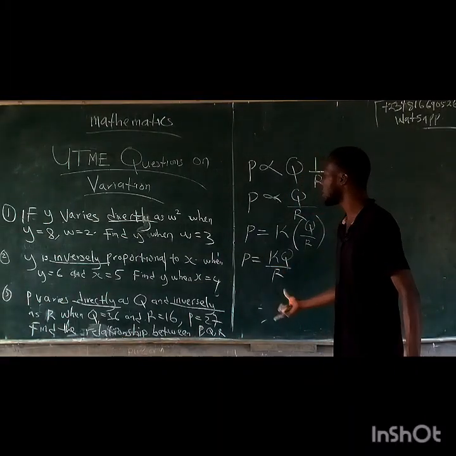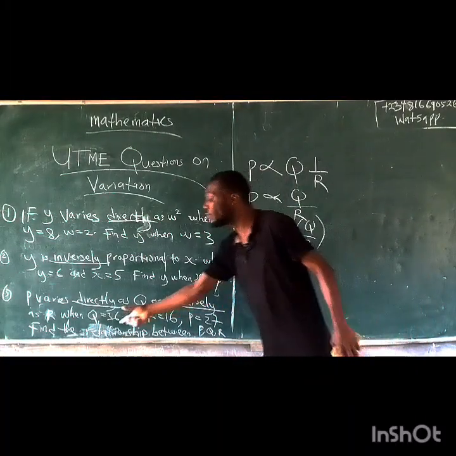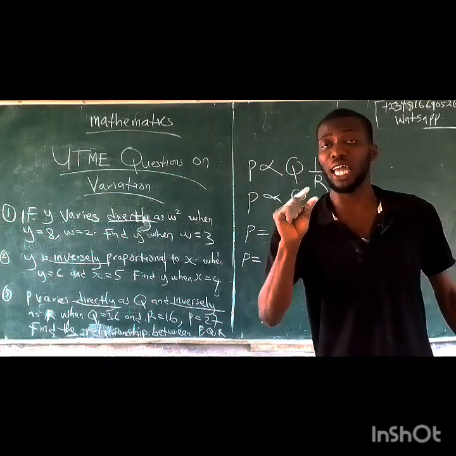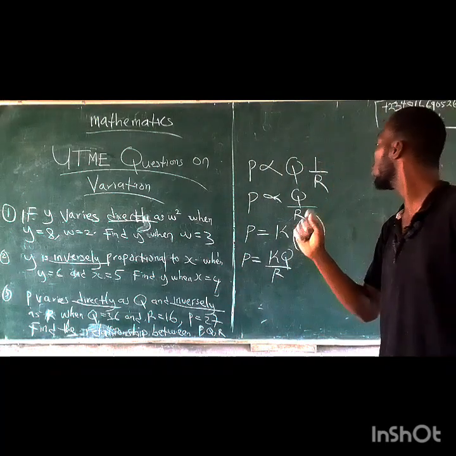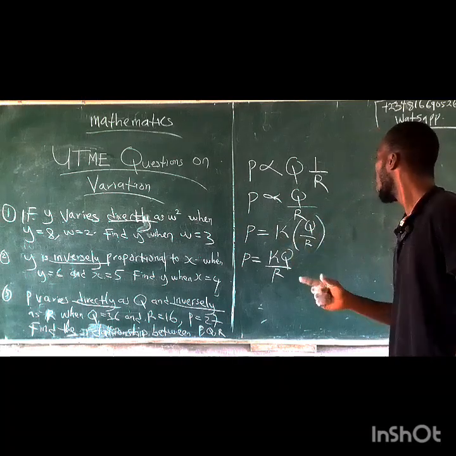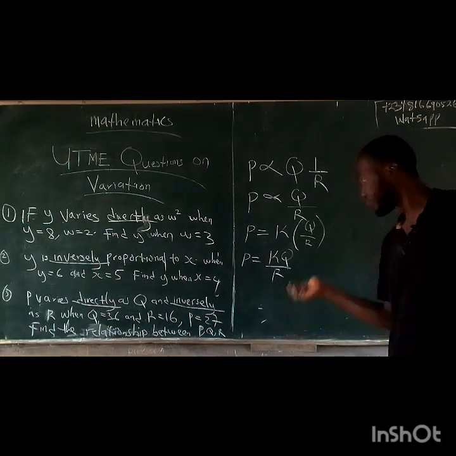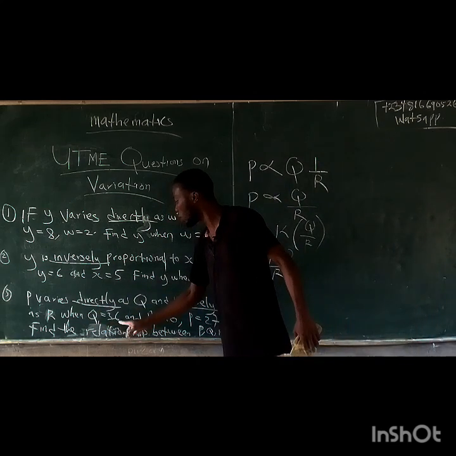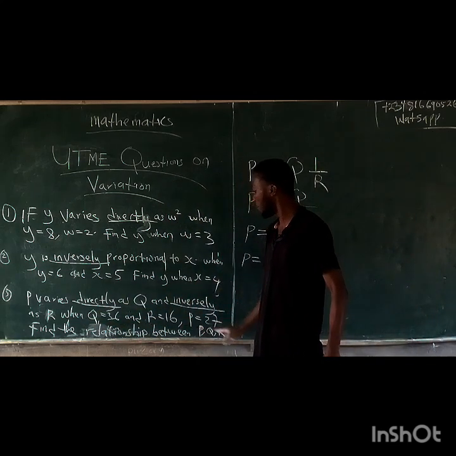Now we need to derive our constant. Anytime they give us values, the first values they give to you are used to get your constant, to find the value of the constant. So you can see that they tell us that Q is 36, R is 16, and P is 27.